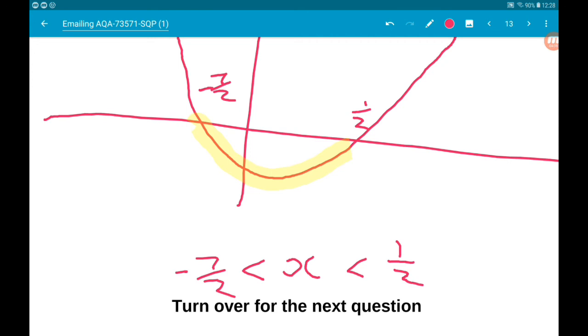They have to be strict inequalities. If x was equal to these values, then the gradient function dy by dx would equal 0. It wouldn't be greater than 0. So that's our solution. That's that question done.